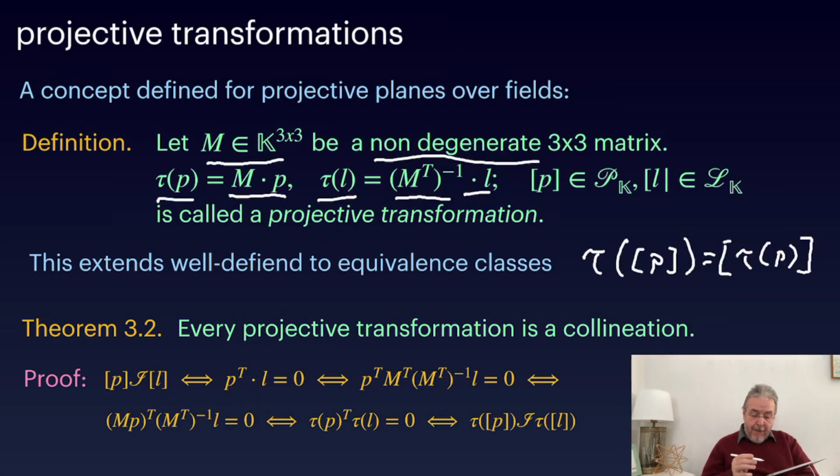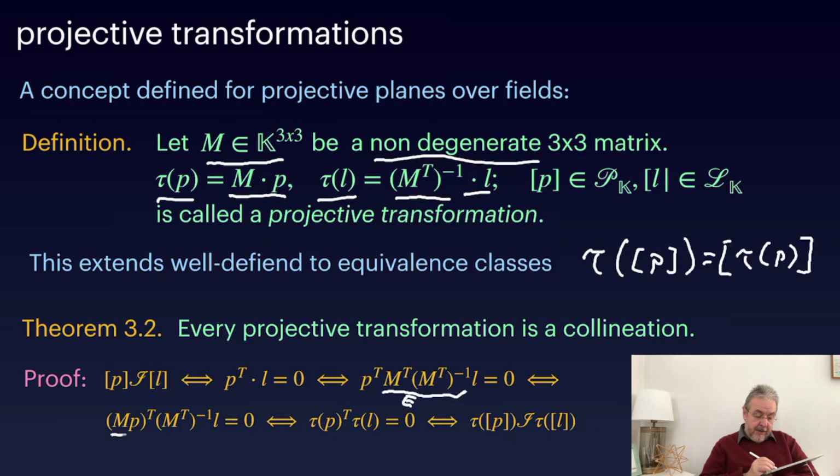Now we blow up this expression a little bit by inserting something in the middle, which is nothing other than the unit matrix. It's just M transpose times N transpose inverse, and then we shuffle around by the usual laws of matrix multiplication, and we find that we can rewrite it in that way.